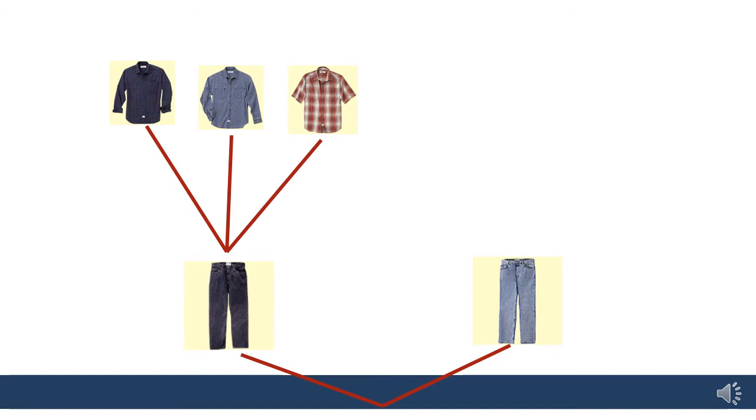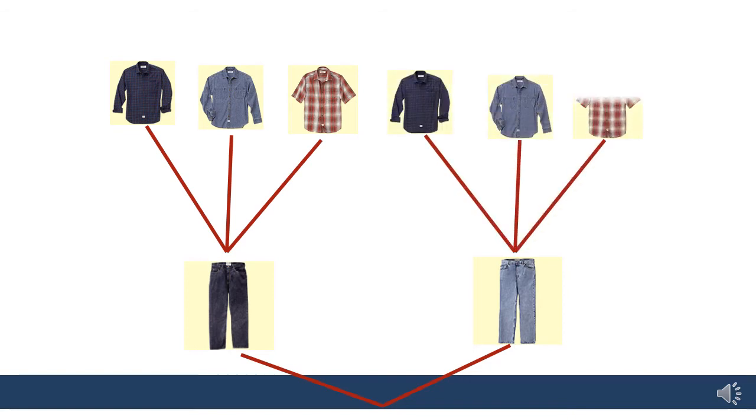So if he wears the black pants, he can wear any of the 3 shirts with the black pants. So that's one branch of our tree diagram. If he wears the blue pants, he still has the 3 shirt options. So that's the other branch of our tree diagram.